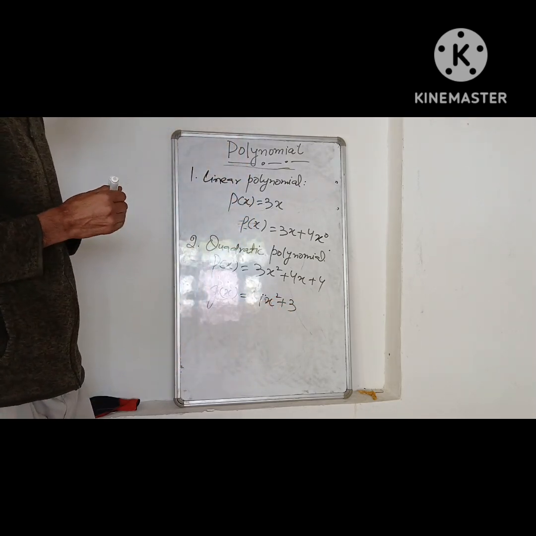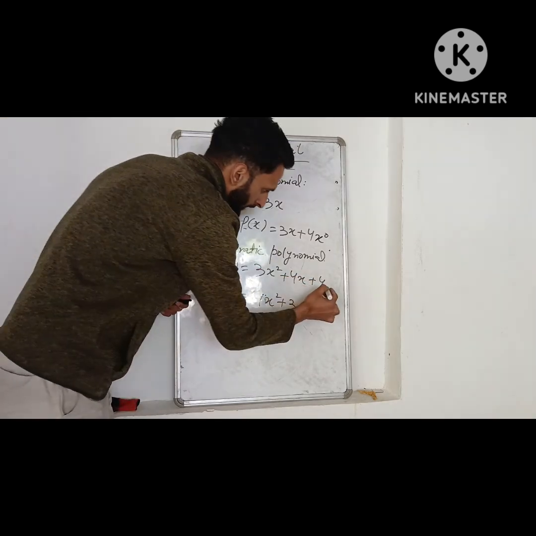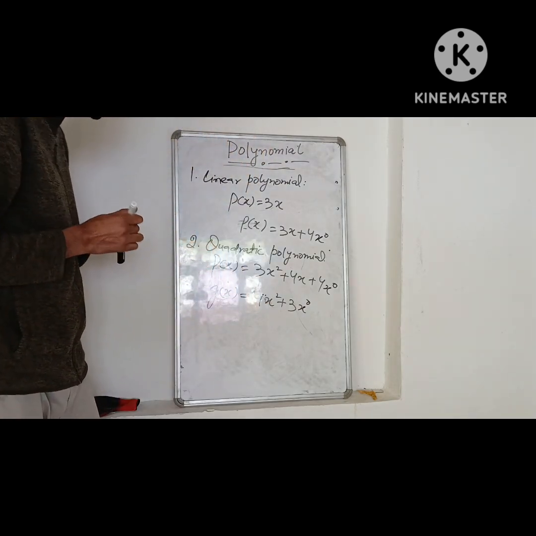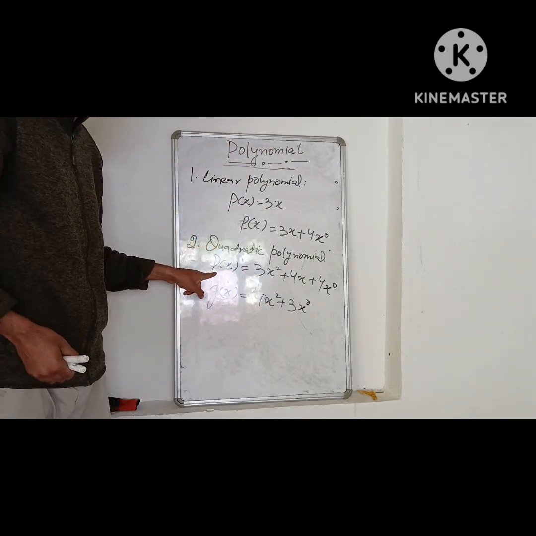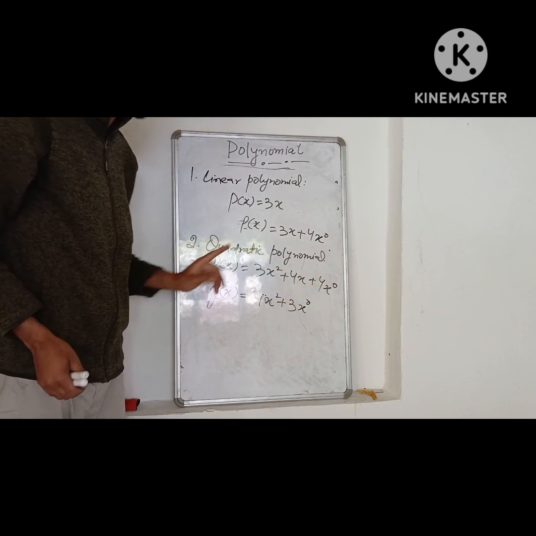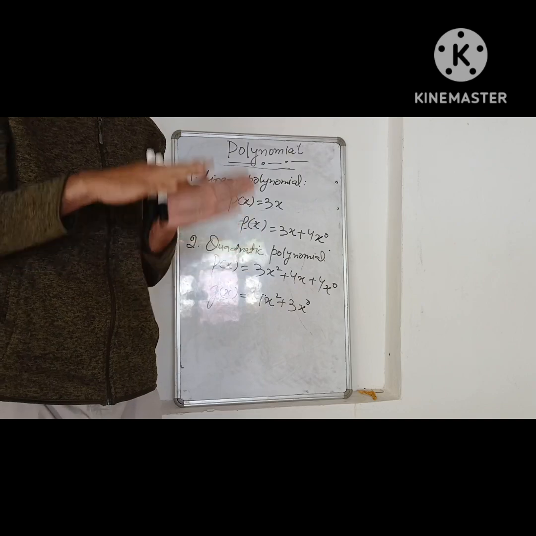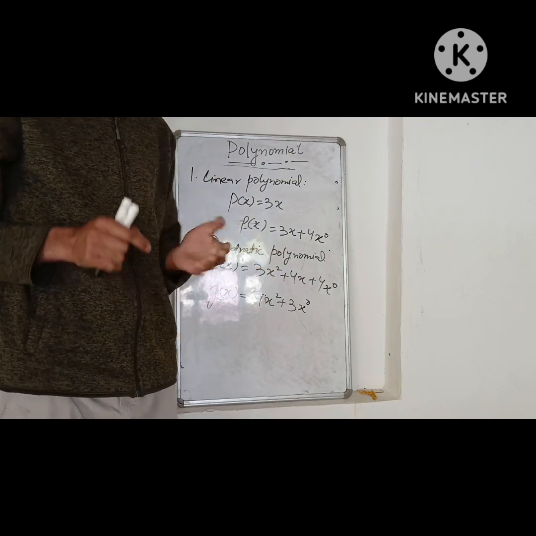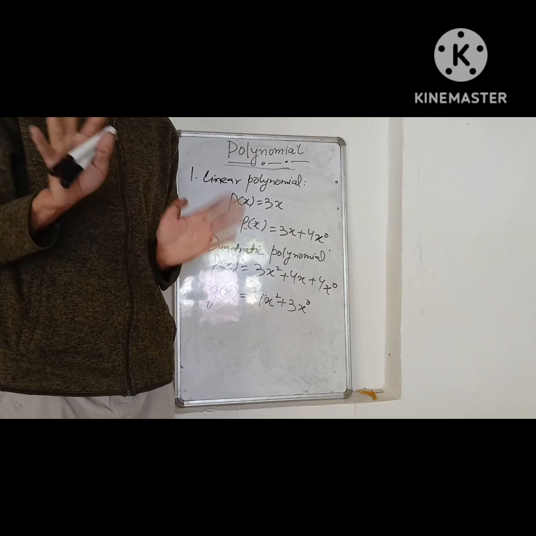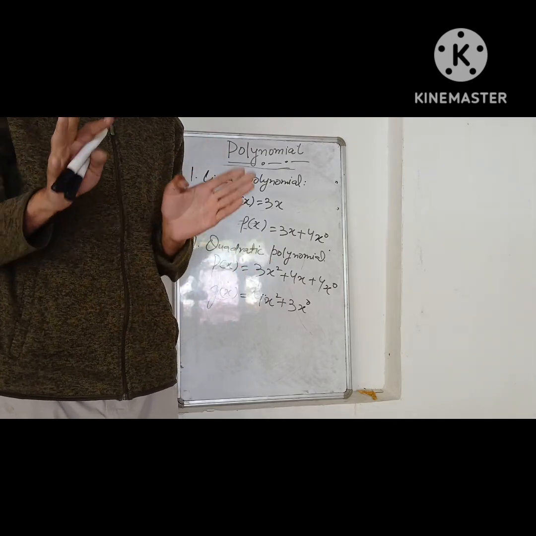Here I can also make x power 0. Listen, why did I call this a quadratic? Powers are 0, 1 and 2. What is the maximum among all powers? That is 2. So any polynomial that has the highest power 2, we call that this polynomial is a quadratic. Or we can also say that this polynomial belongs to the quadratic polynomial family.